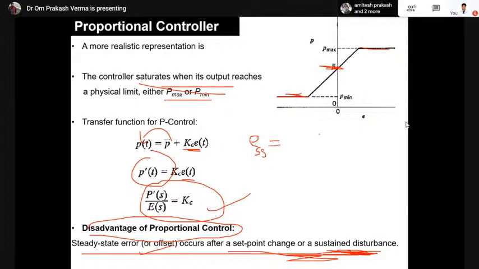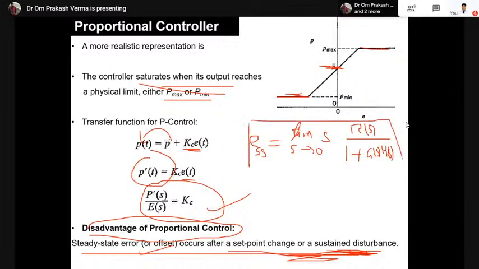When you read the books, the formula for steady state error is given as ESS equals limit s tends to 0, s into R(s) upon 1 plus G(s)H(s). So this is the equation for the steady state error, right?